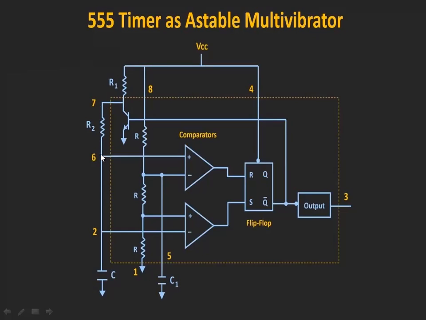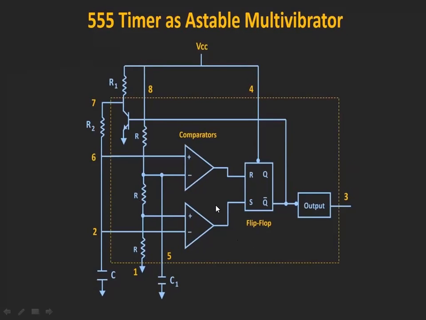From pin number 7 to 6 we have R2 connected, and 6 and 2 are shorted. The dotted portion is the internal diagram of our 555 timer. Now we are going to observe how this is going to produce a square waveform.